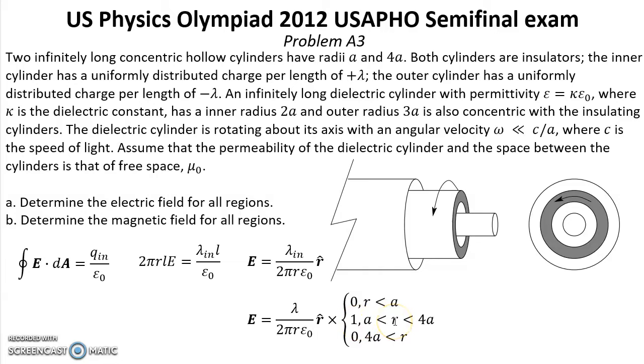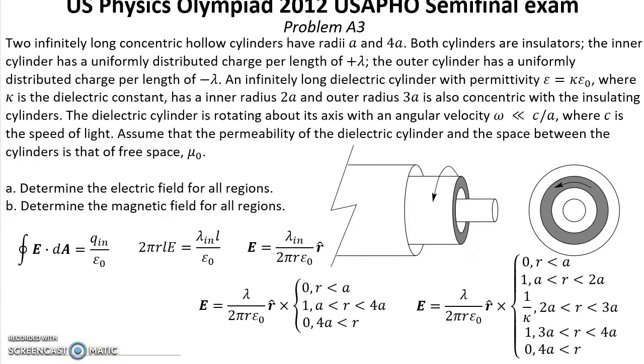But because we have a dielectric between 2a and 3a, the electric field there is reduced by a factor K. And finally we can write this solution. So finally the electric field equals this expression in 5 different regions. That's the solution for question A.